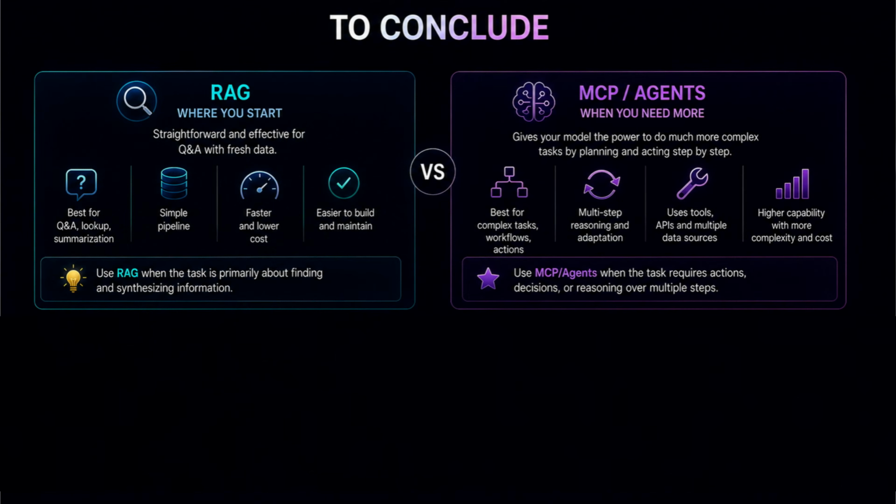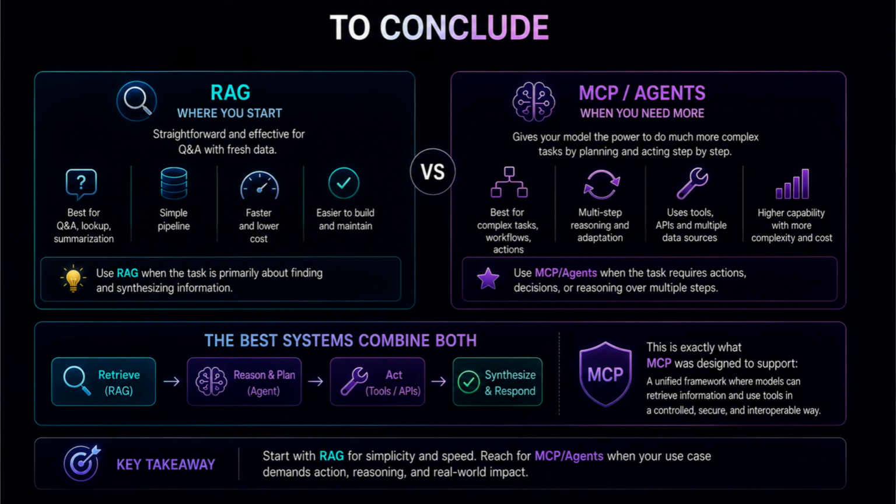To conclude, think of RAG as usually where you start, straightforward and effective for Q&A with fresh data. But think of an MCP-based agentic system as giving your model the ability to do a lot more complex tasks, planning things out step by step, but you will only break it out when you need that power. In practice, the best systems combine these patterns.